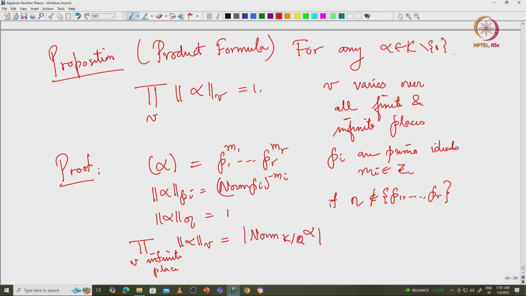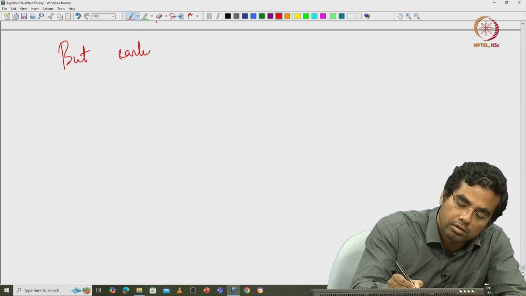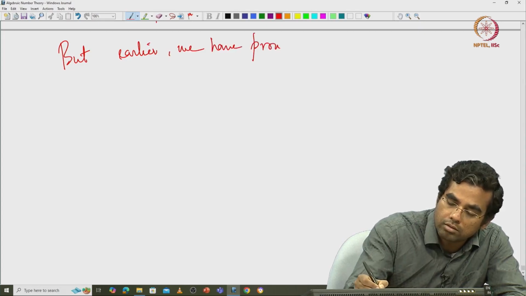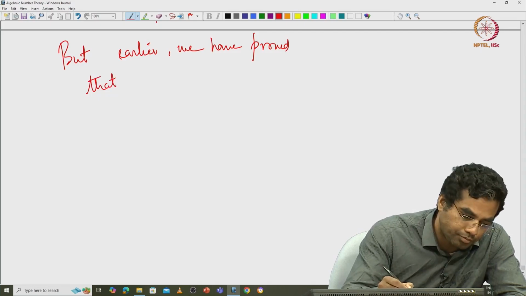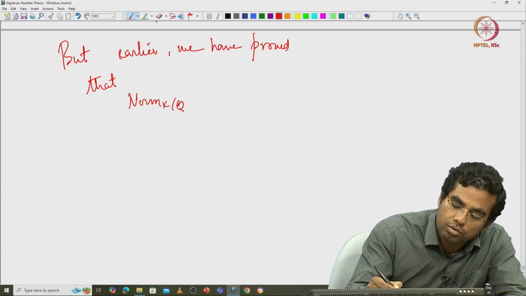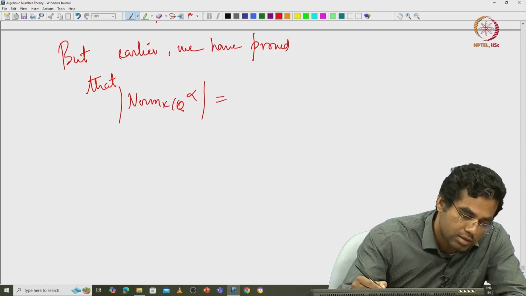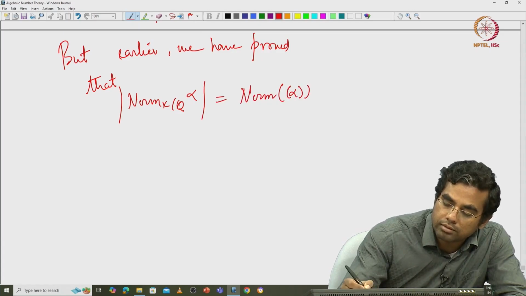Okay. But we have proved earlier that if I take norm from K to Q of alpha and I take its modulus, this is same as norm of the ideal alpha, right.